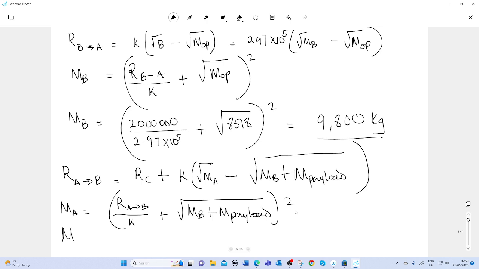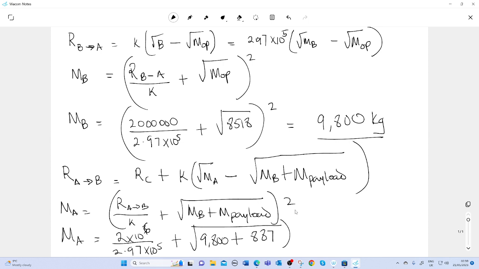So therefore MA becomes, what's the range from A to B? 2 times 10 raised to the power 6 meters over the K constant, which is 2.97 times 10 raised to the power 5, plus the root of the mass at B, which we have now, 9,800, plus the mass of the payload, 887, all squared.